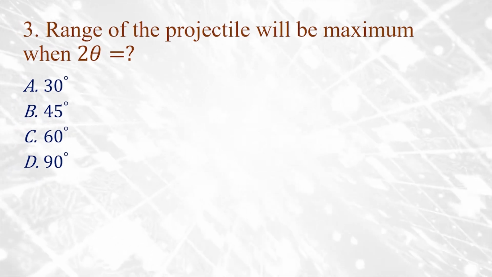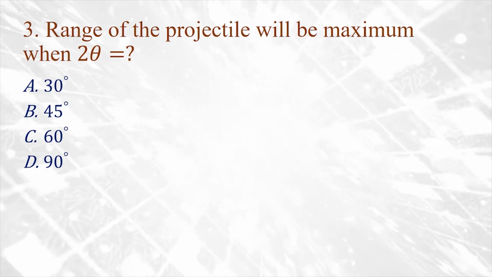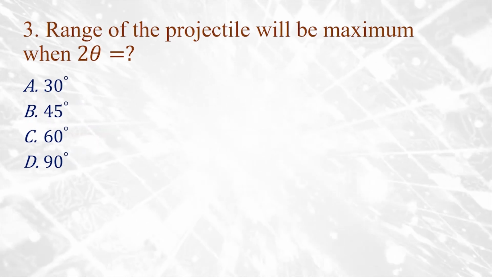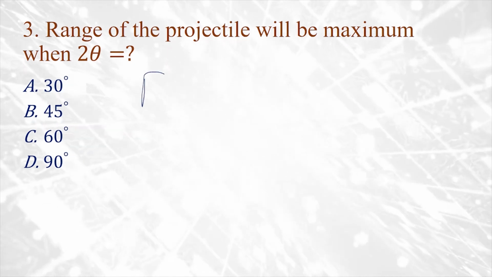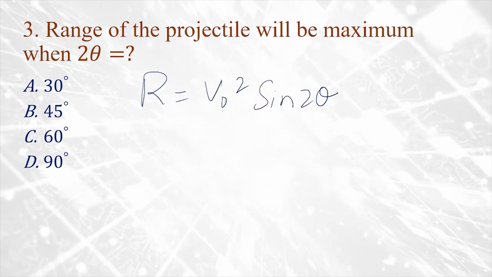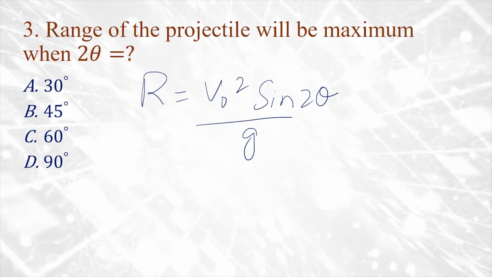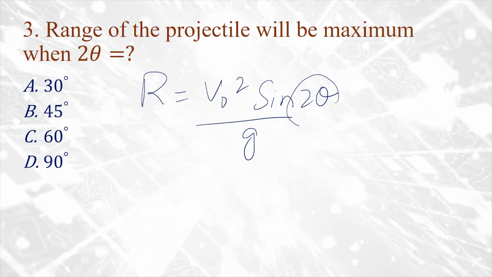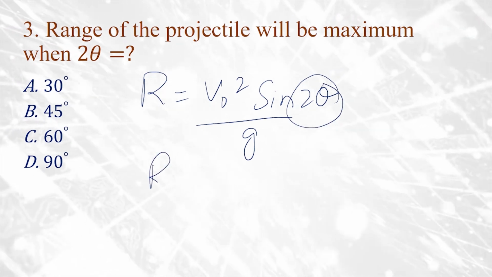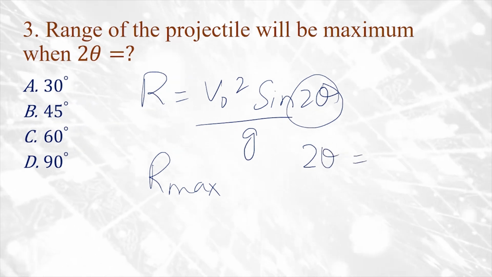MCQ number 3. The range of the projectile will be maximum when 2 theta is equivalent to what? You have studied the formula of the range of the projectile, V naught squared sine 2 theta upon g. V naught is the velocity, and you have to find what the angle should be so that it gives you the maximum range. We know that sine becomes maximum when the angle is 90 degrees.